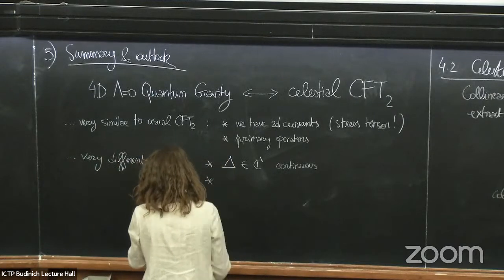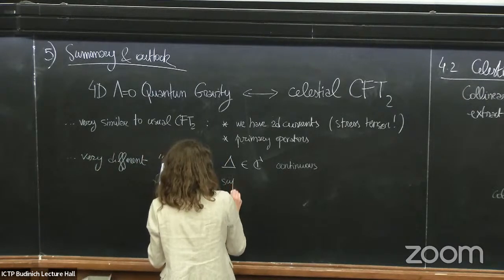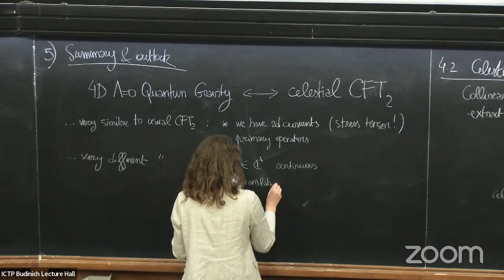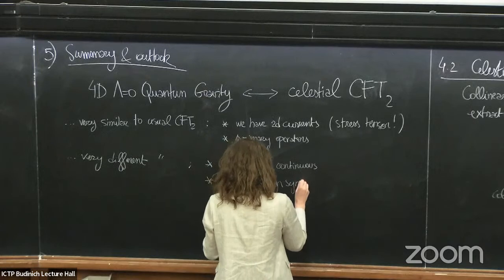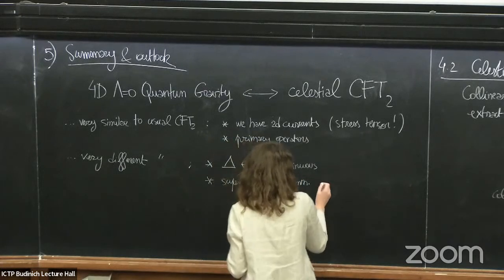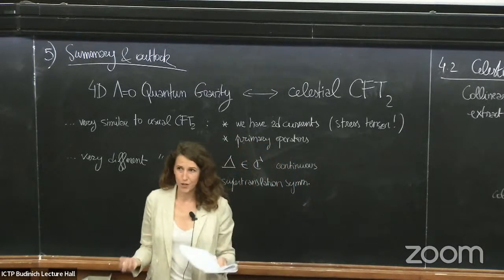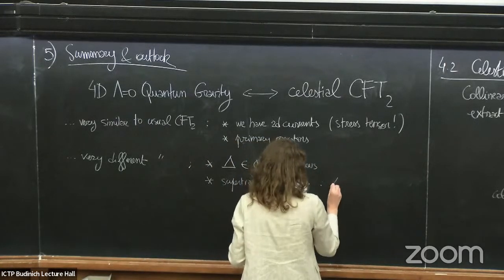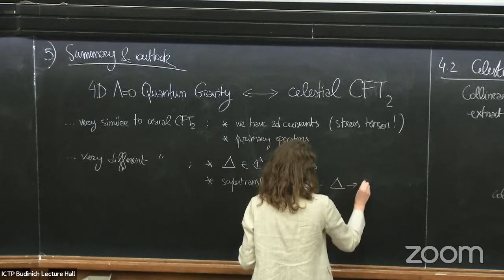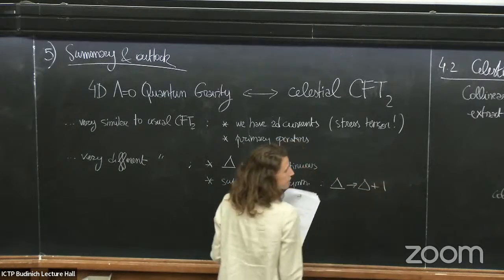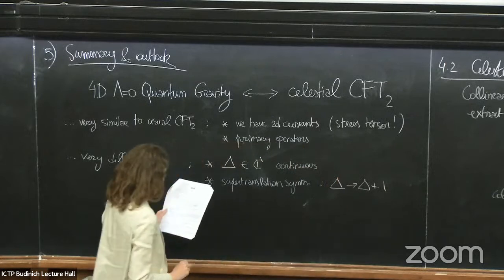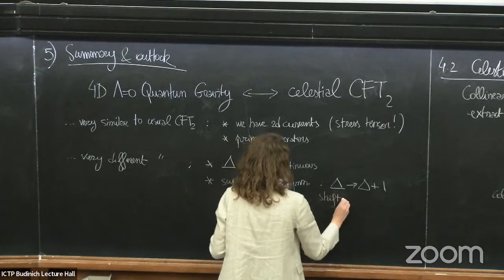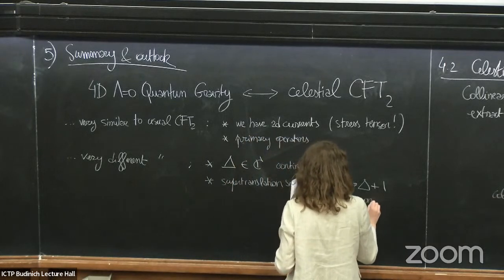We have seen that the supertranslation symmetry gives an infinite amount of constraints that we are not used to in usual CFT, because they shift the weights of the operators by 1, as I've written in the formula before. Shift the conformal dimension by 1.